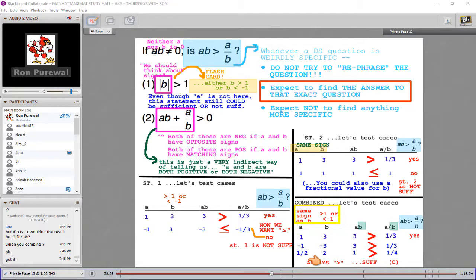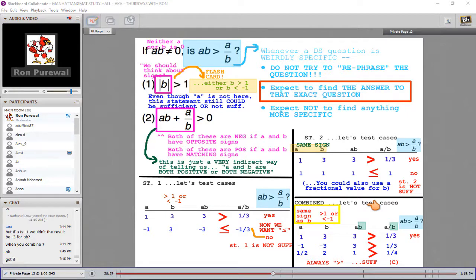Any questions about this problem? Also notice the logistics and the framework and the organization. That's the biggest deal. If you got lost during testing cases, it means you didn't write down enough stuff. The rule that I use for that's pretty simple.